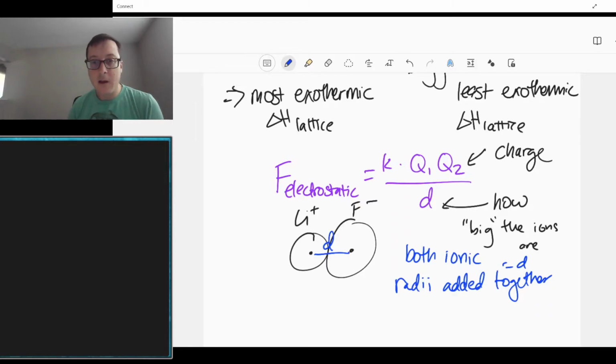That's D. So we see that the force of electrostatic interaction, aka the lattice energy, we can say, is related to the charge and how big the ions are. So we're going to expect that if we have a larger charge with smaller atoms, that's going to give us the biggest electrostatic happiness, as it were.